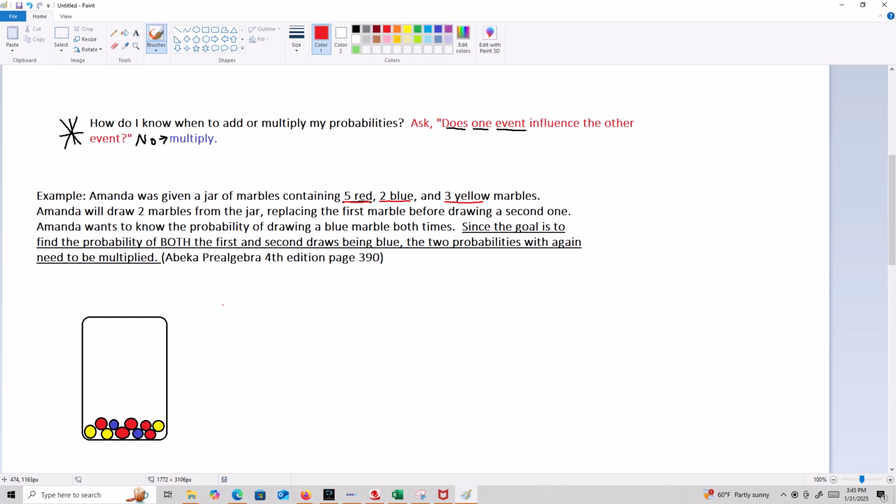So she's going to draw it once. So the first draw, there are 2 blue and 10 total marbles.